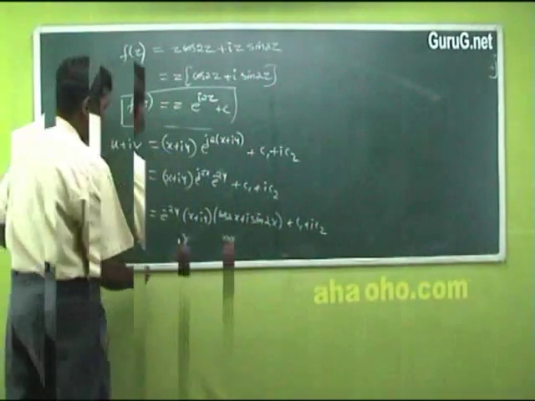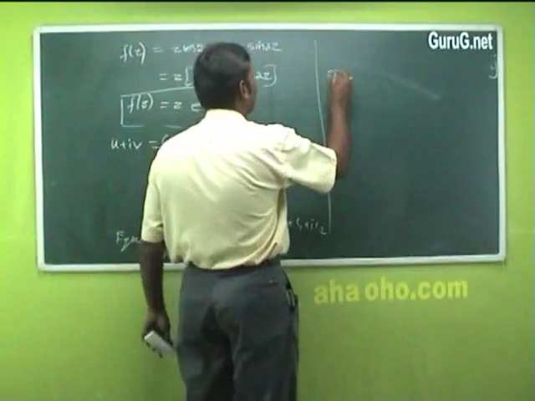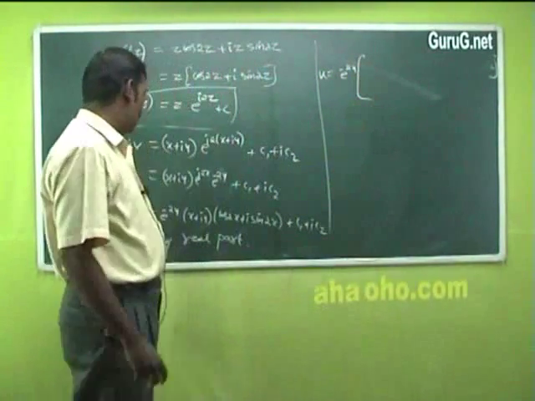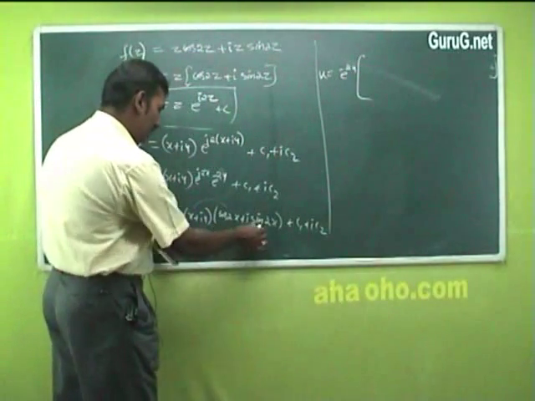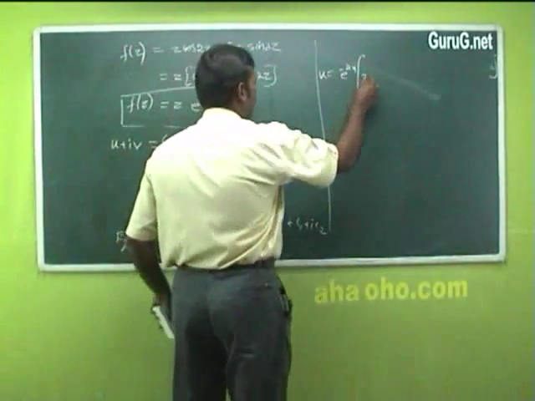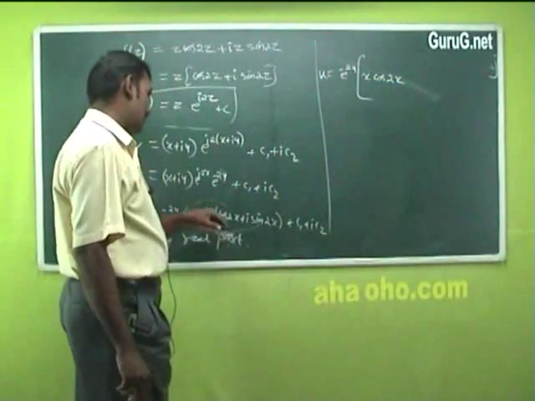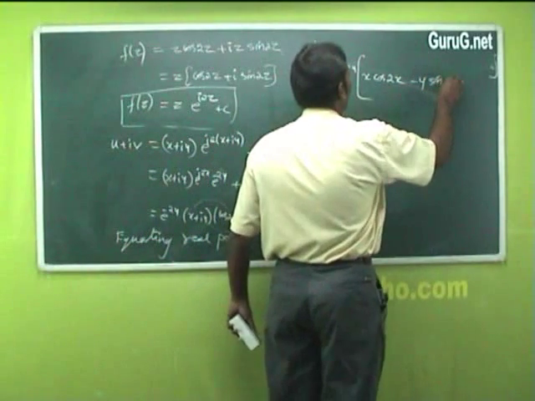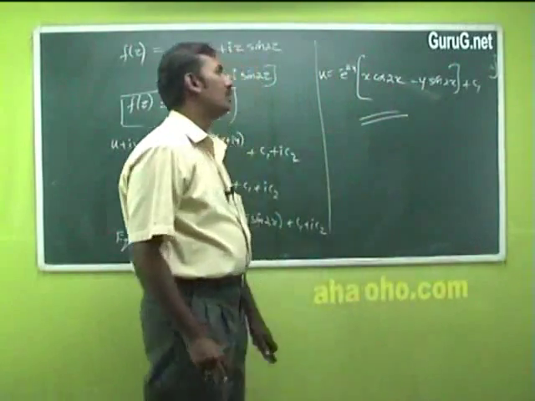So equating the real part, we get u equal to e power minus 2y into the real part, multiplying these two, x cos 2x minus y sin 2x, plus c, which is u.